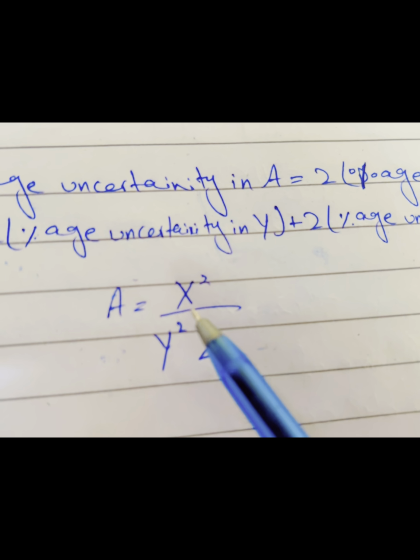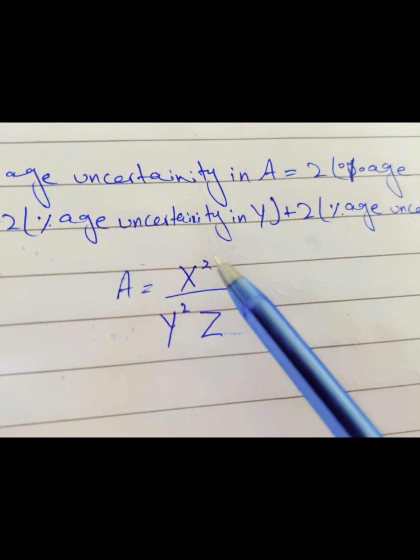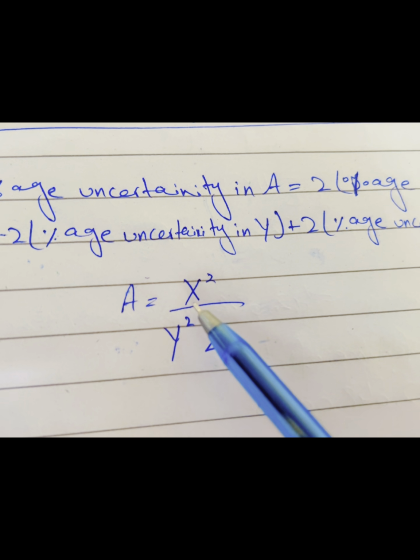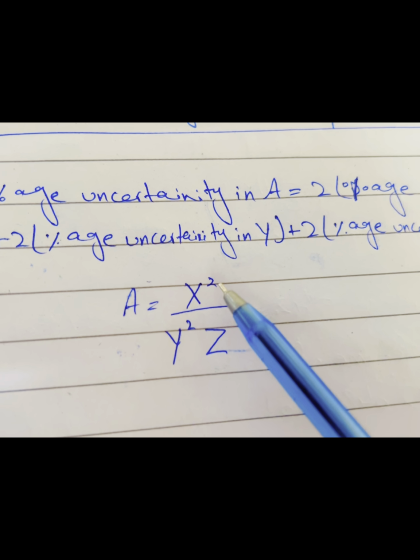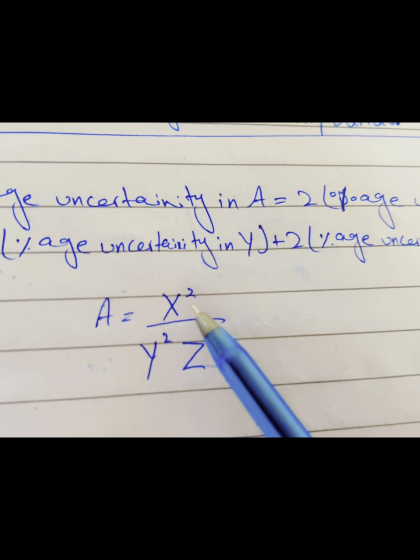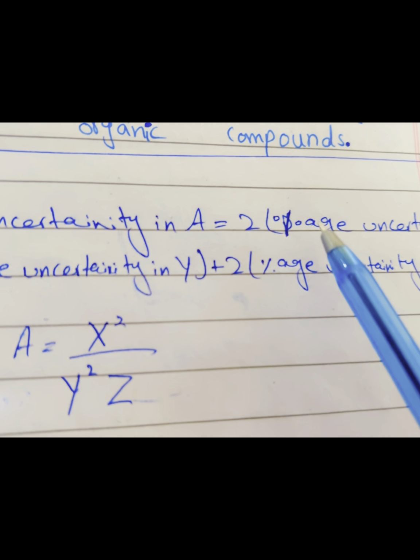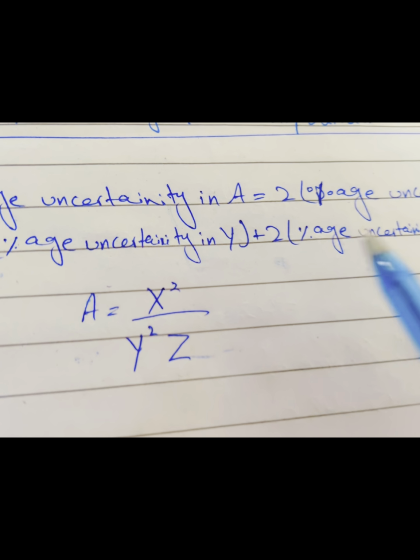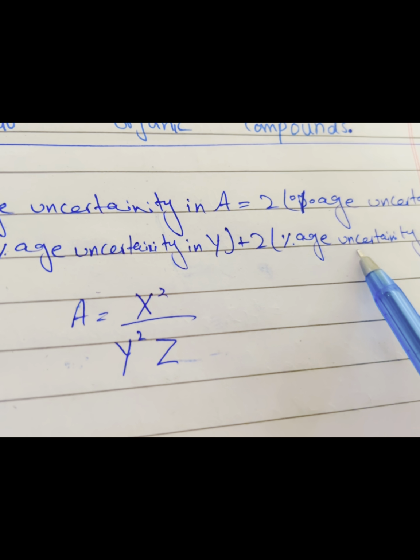Because through the power rule of uncertainty, if there is a power with some expression, that is x square, then this power will be multiplied with its percentage uncertainty. Likewise for y and likewise for z.